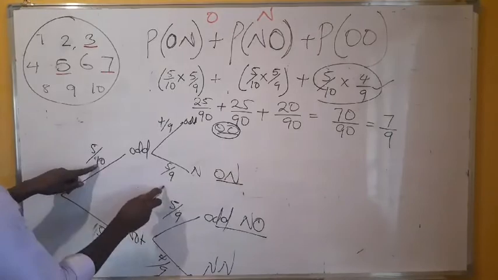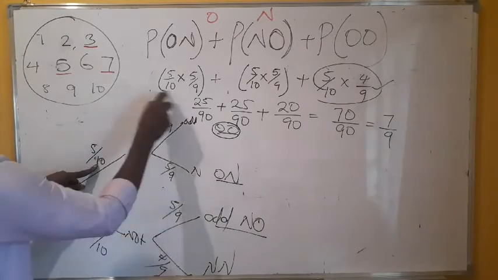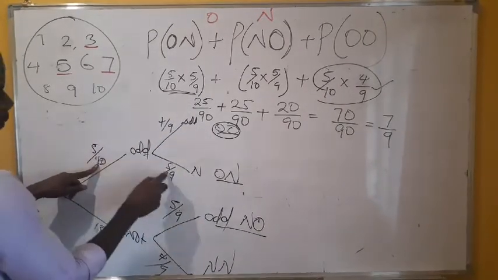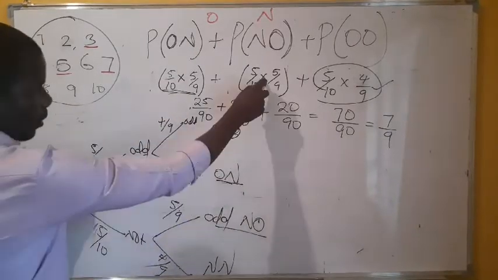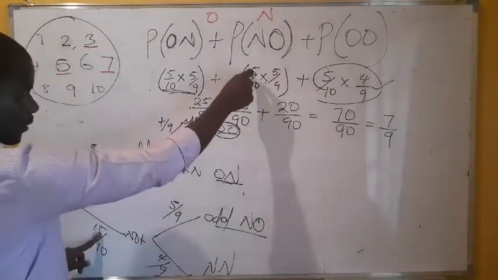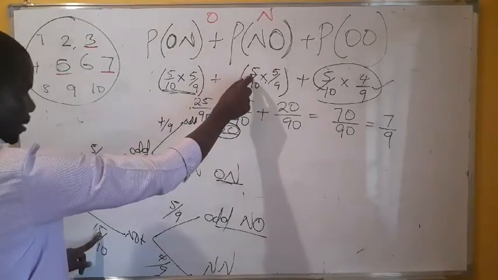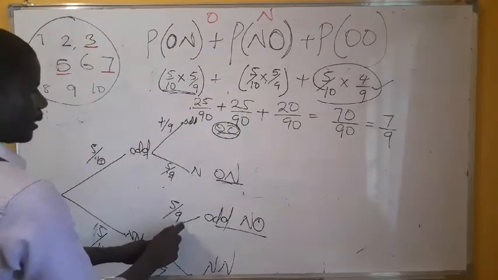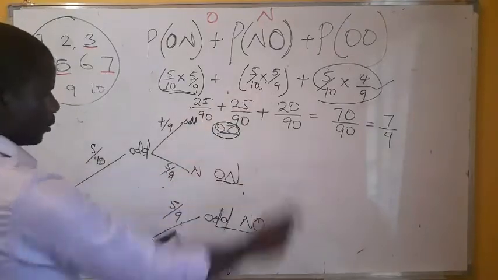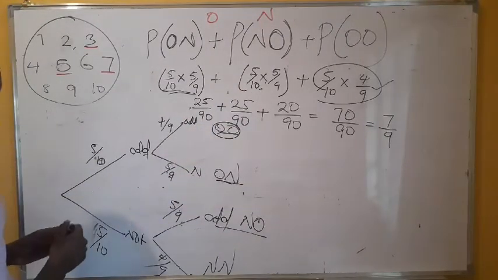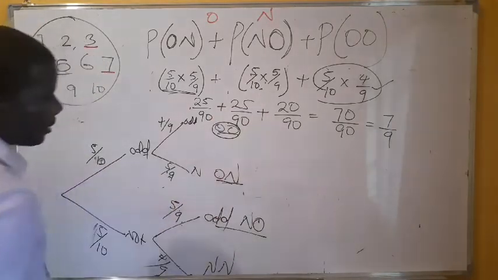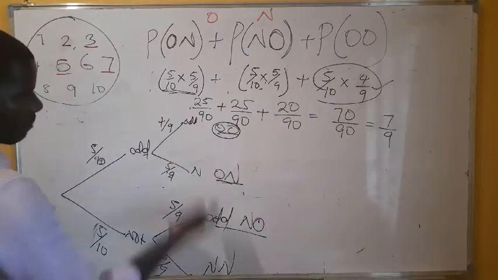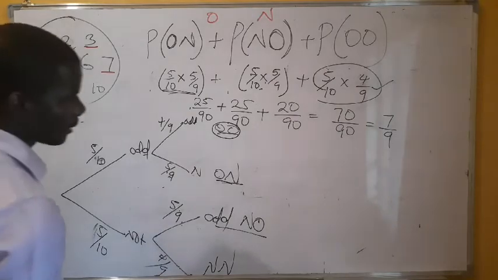It's this one: 5 over 10 multiplied by 5 over 9. Then this one is where the first one is not an odd number, and the second one is an odd number. Then you simplify. So you should be able to work out the probability that at least one is an odd number. So this is what we are expected to do.